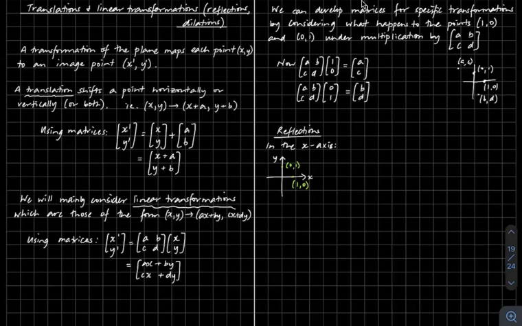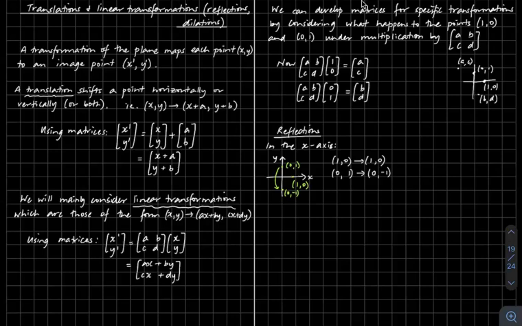So the point 1, 0 will stay where it is, but the point 0, 1 is going to 0, negative 1.